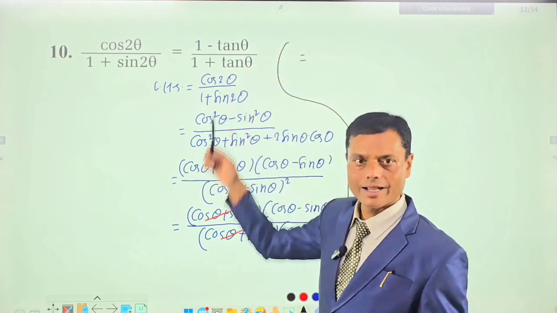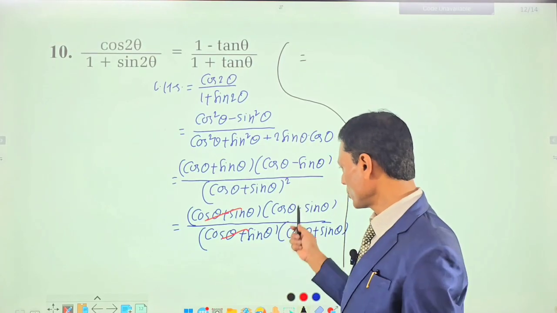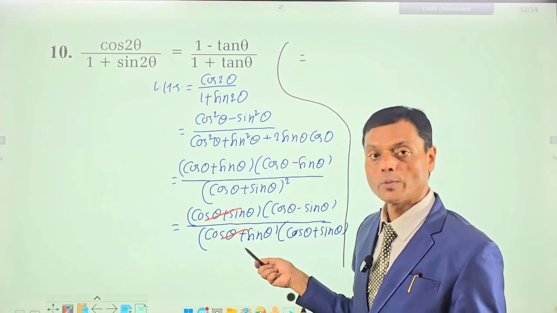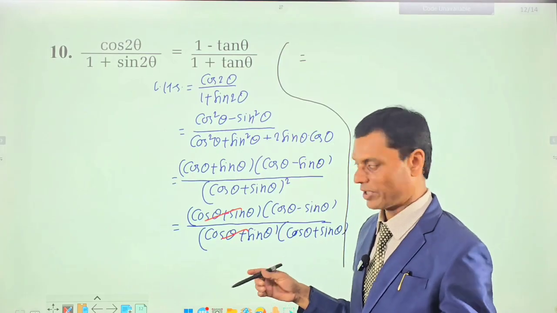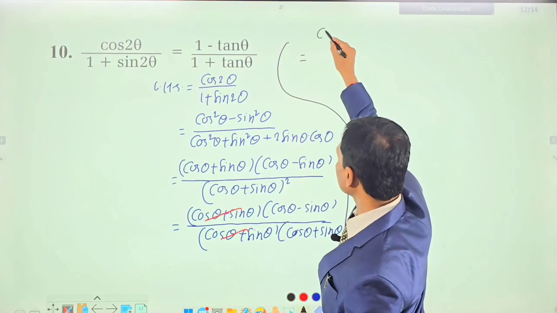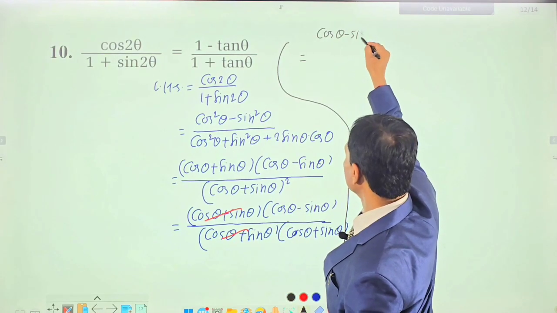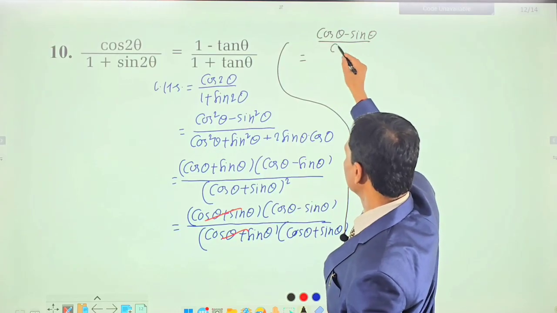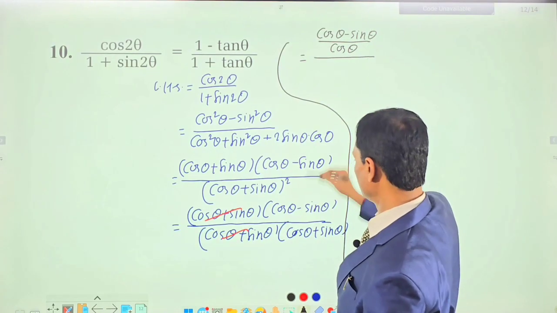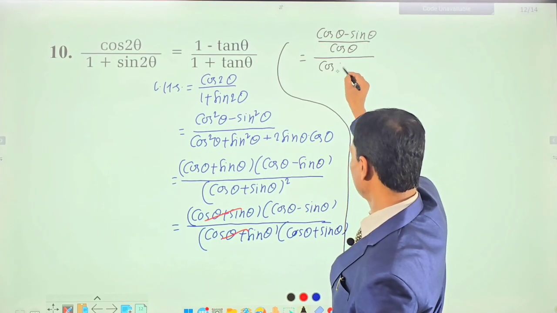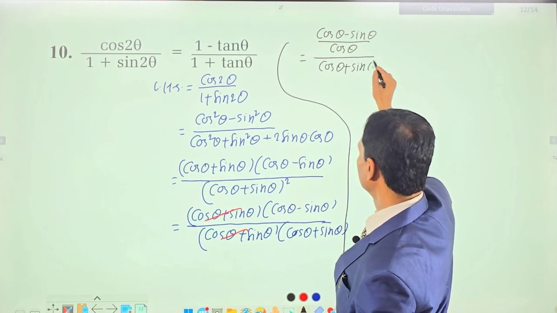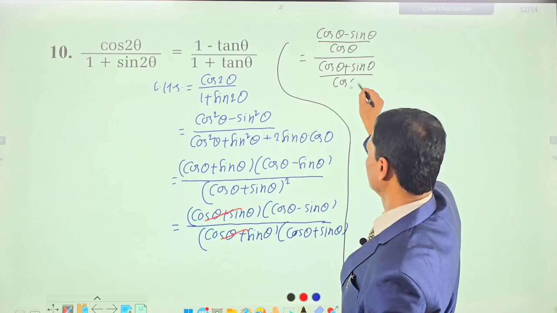So you have to bring tan, and tan means sin by cos, right? So we are going to divide up and down, that's numerator and the denominator, by cos theta, not to forget that. Okay, so we can write here cos theta minus sin theta over cos theta, and at the denominator as well we can write cos theta plus sin theta over cos theta, isn't it?